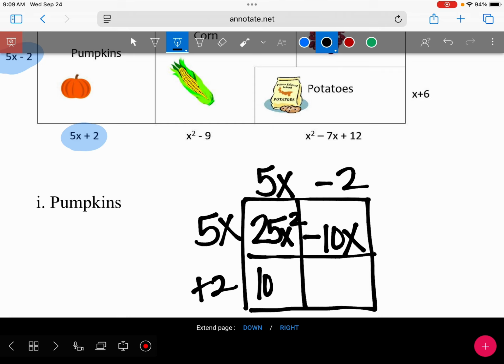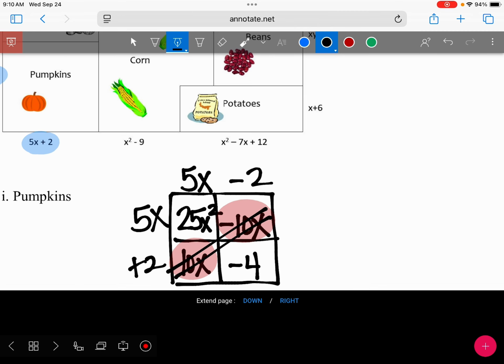Positive 10x. Good. And then my last square, positive 2, negative 2. Negative 4. When you combine your like terms, which would be these two terms, if I add negative 10 plus 10, they're opposite numbers. They just cancel out. You get 0. Okay. So my final answer for the area of the pumpkins is 25x squared minus 4.